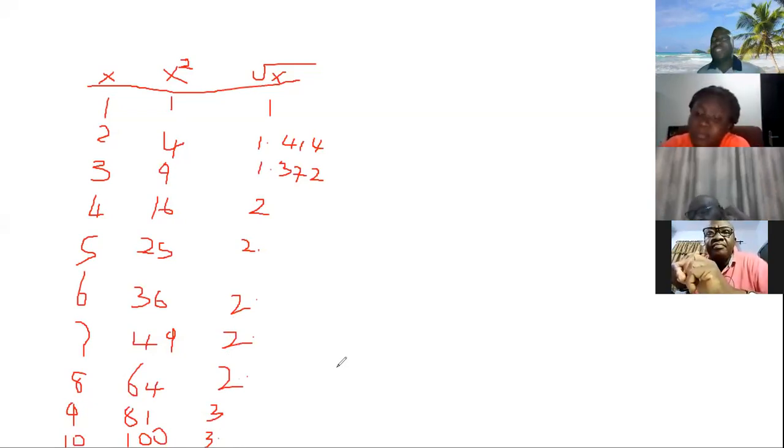What I want us to see is that the gap between the original numbers is 1, because it is just 1 to 10 serially. When you square, it increases the gap between them.